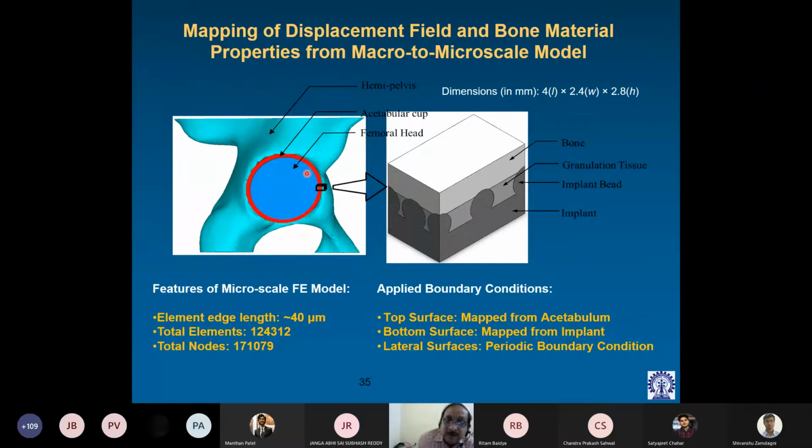Now, from the full-scale model, I hope you remember the full-scale model of the pelvic bone with the implant. We had come down and made a sub-model, and we transferred the displacements at the cut boundaries.